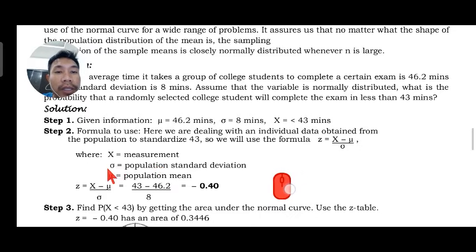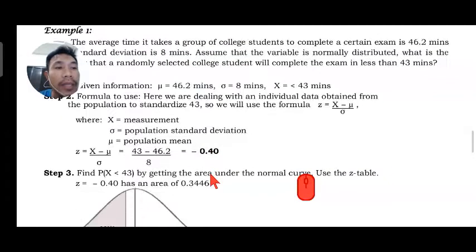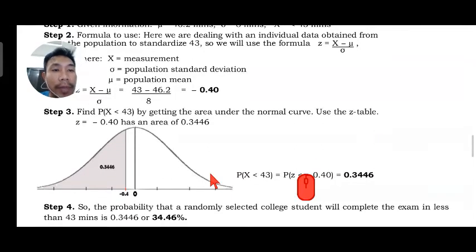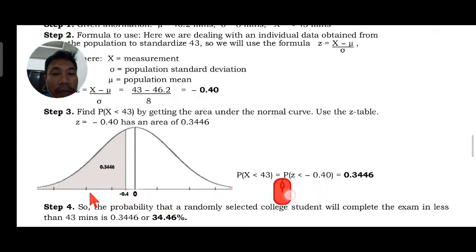This one is for the population standard deviation and this symbol is for the population mean upang makuha natin ang ating z-score. Because alam naman natin in a normal curve, it consists of z-scores. So this is 0 here, this is positive 1, positive 2, positive 3. On the left side, that is negative 1, negative 2, and negative 3.